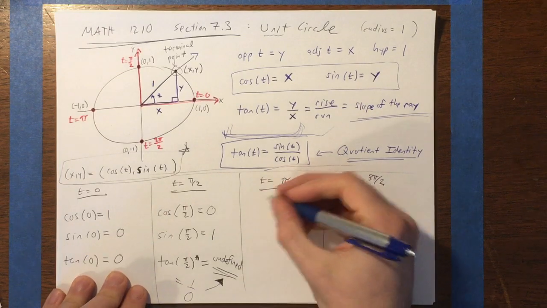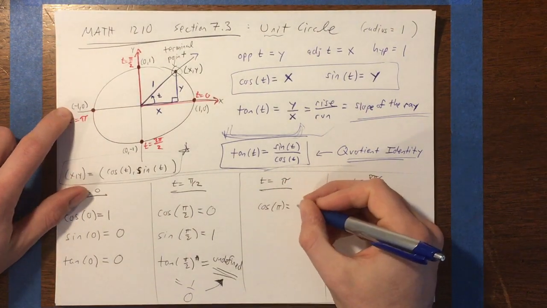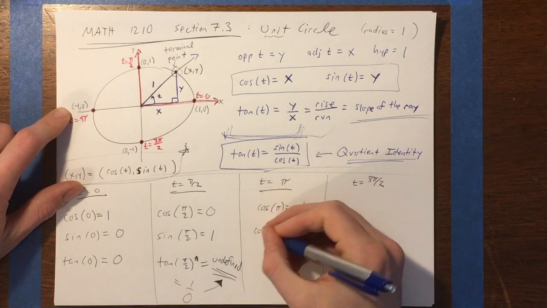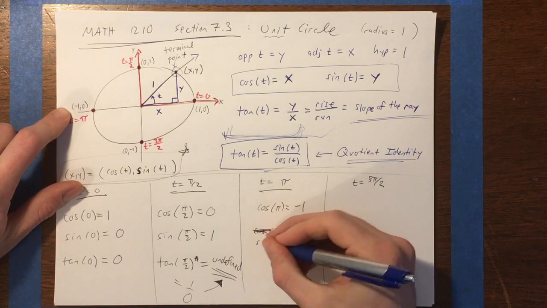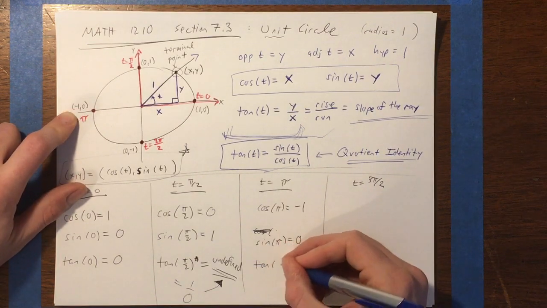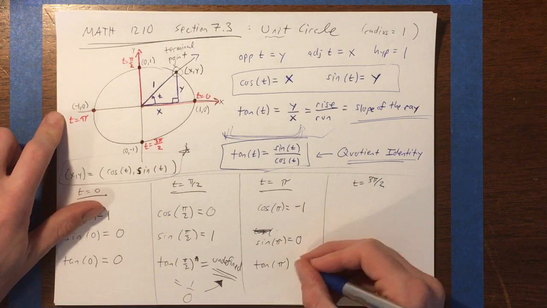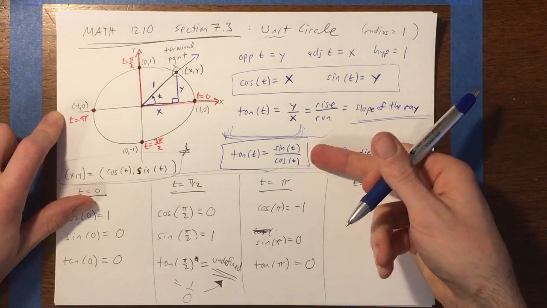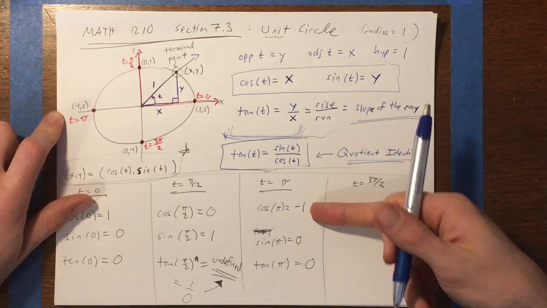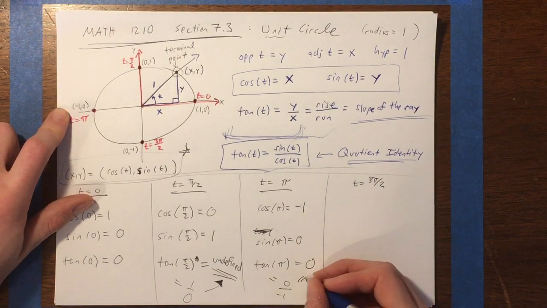Tangent of pi, let's go through these. At this point for pi, the x coordinate is -1, so the cosine of pi is -1, and the sine of pi is 0. Tangent of pi, since that ray has slope 0 again, is again 0. Sine over cosine would be 0 divided by -1, which is equal to 0.